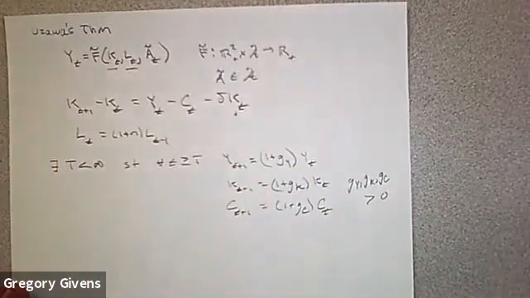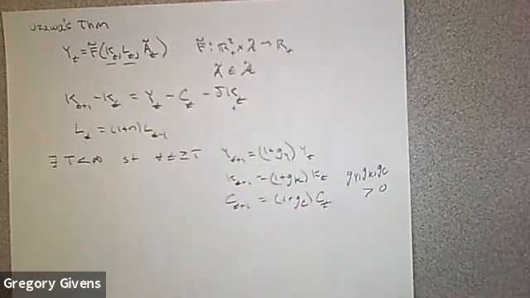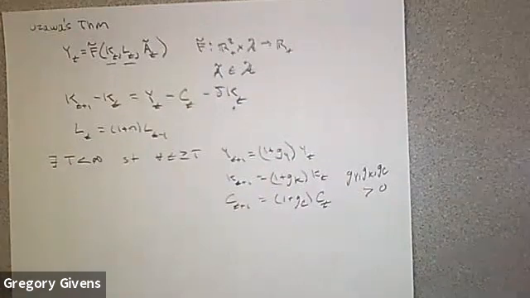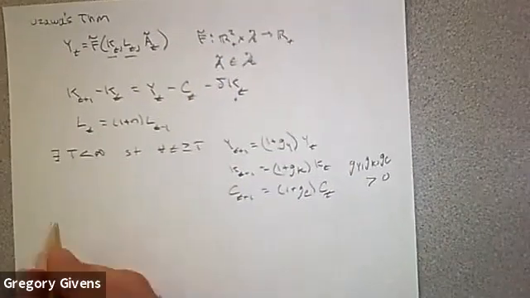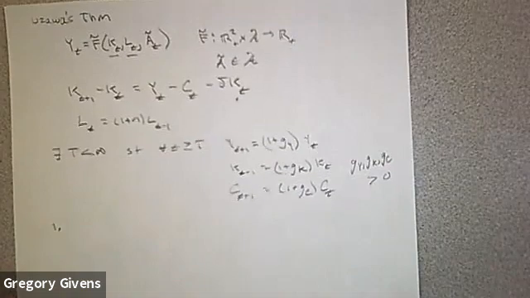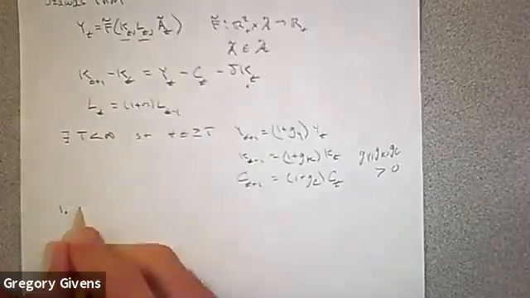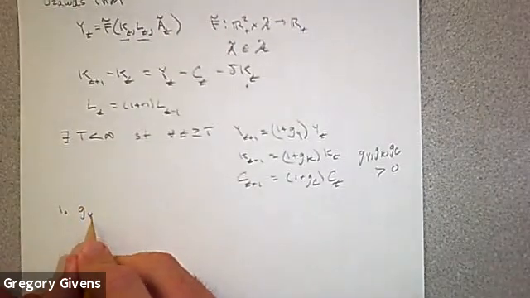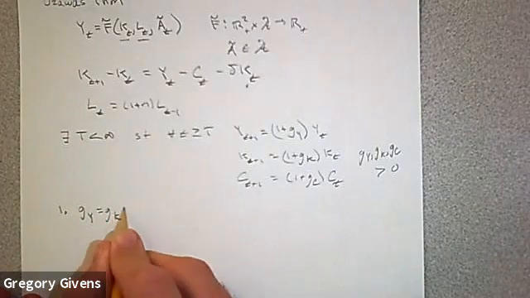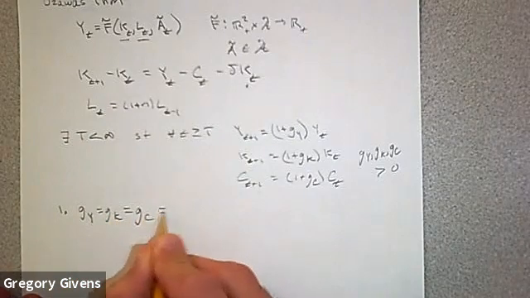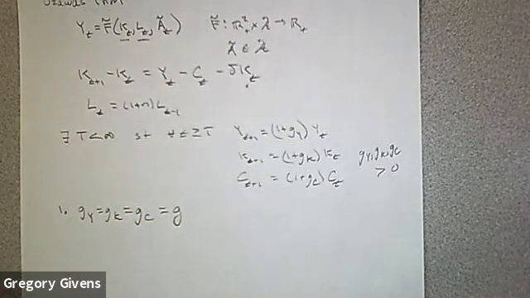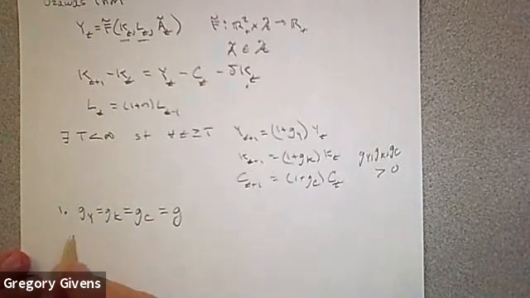If those assumptions hold, and again, this is not unique to the Solow model, but rather to a huge class of growth models, then the following two things must be true. That the growth rates of output, capital, and consumption are equal to each other. Let's just call it G. In other words, we have balanced growth.